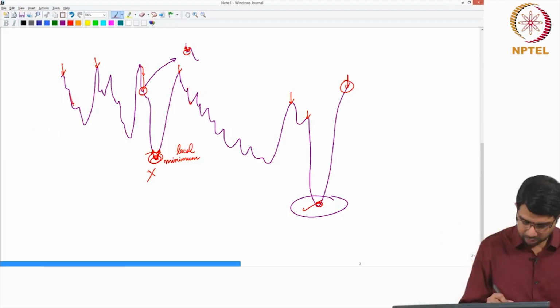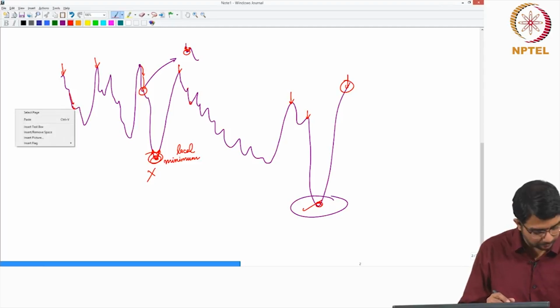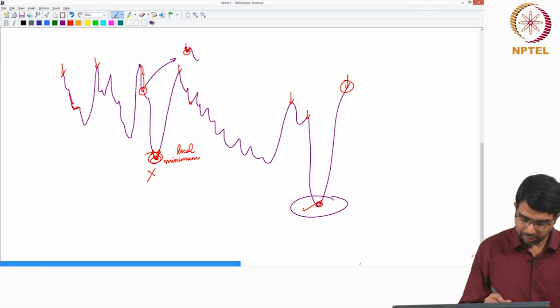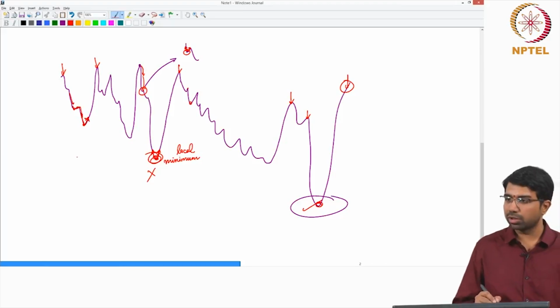You accept everything that reduces cost, which will bring you here, but then with a small probability, you might be able to get out of this point and then you will again continue your descent and maybe reach a better minimum. But again with a small probability you might be able to go out of this.